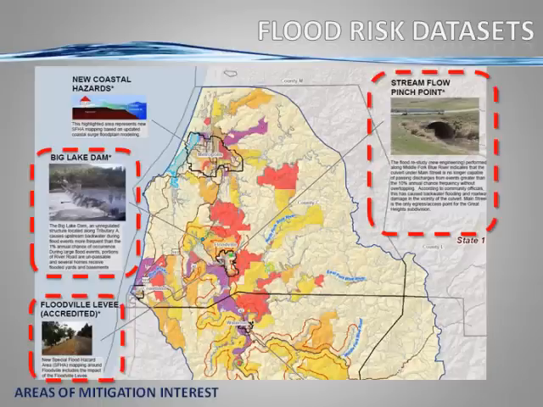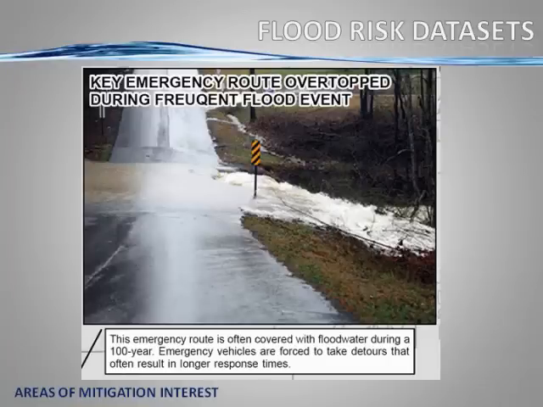And this is what the map looks like for the areas of mitigation interest. So you could have 3 or 4 on a map, and you can actually locate where they are as points, and you can have pictures of what you're talking about, with a little description. And all of this is in a GIS data set, so all this information you can just pull up on a map, and you can convey this information for hazard mitigation plans for this data set.